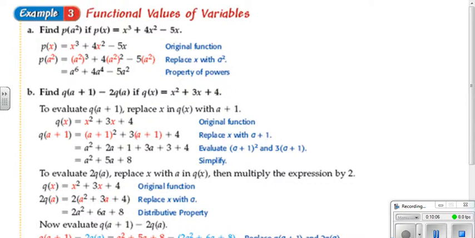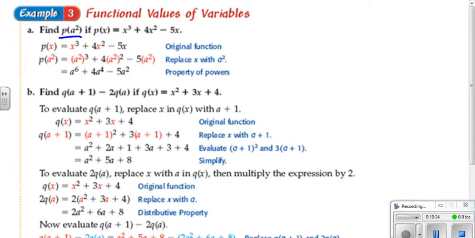Now, what if the value that we're trying to plug in is still another variable? So it's not as simple as just plugging in numeric values. Well, we would do the same thing as we would normally do with the numeric values, only apply that to variables. So what I mean is, in this case, if we want to find p of a squared, if p of x is x cubed plus 4x squared minus 5x.